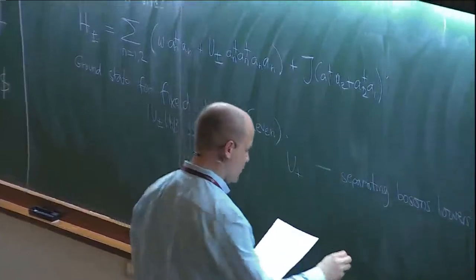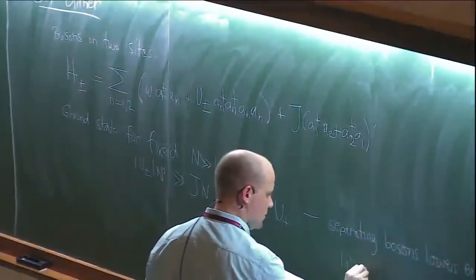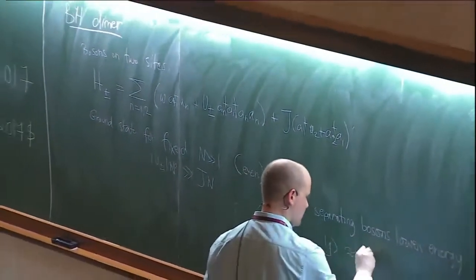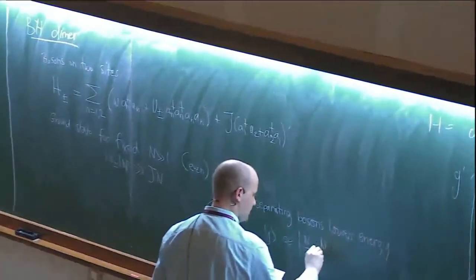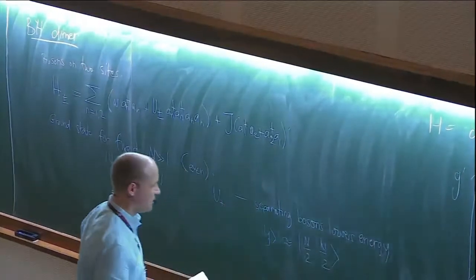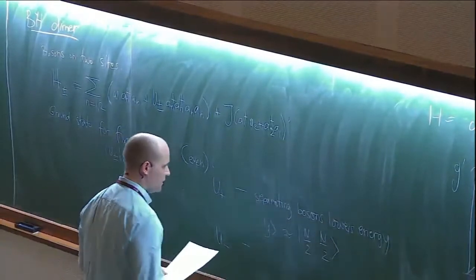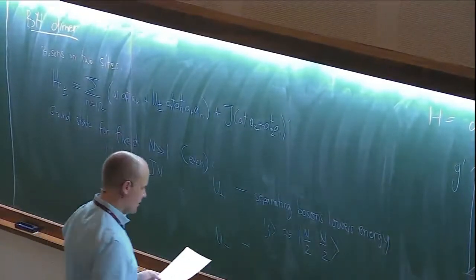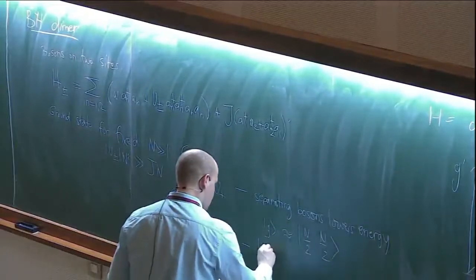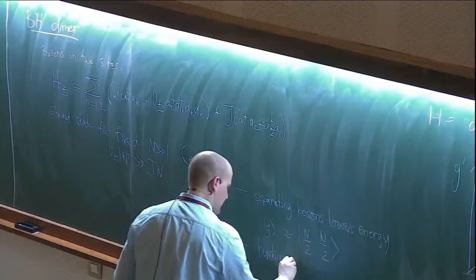They repel, and so the ground state should look close to this, where on each of those two sides there are n/2 bosons. And for the attractive case, bunching up saves energy.